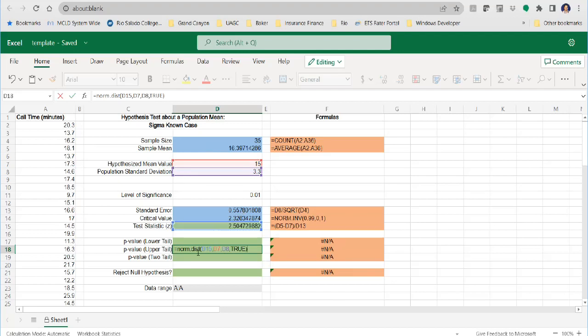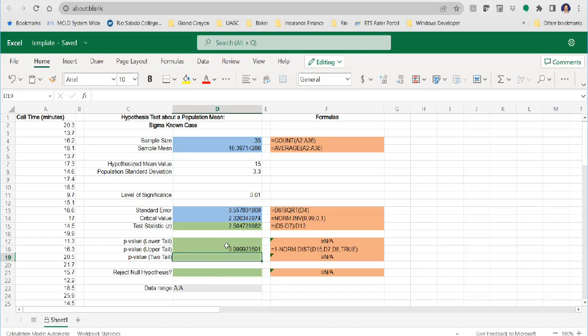And this will give me the area below, but I want the area above because it's an upper tail. I'm going to do 1 minus. And I have something that's not quite right. Oh, I know.